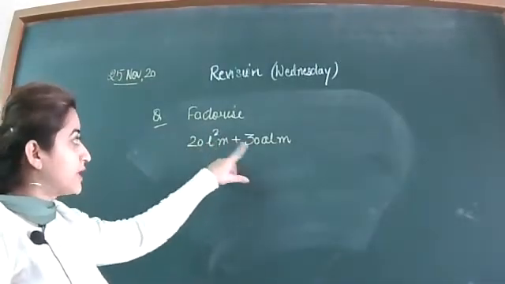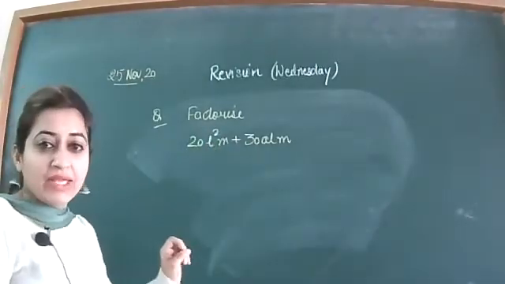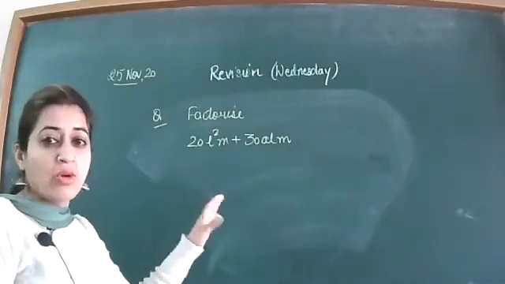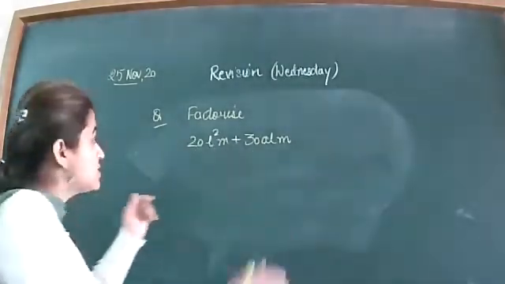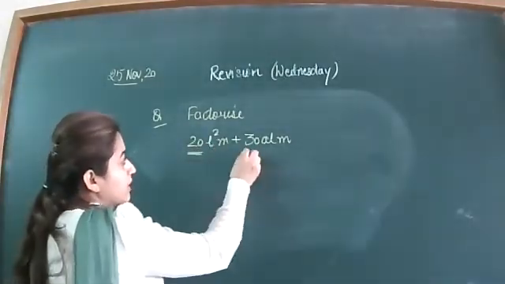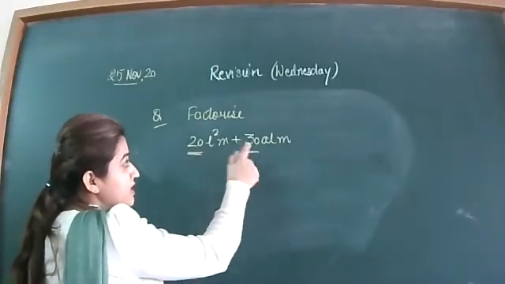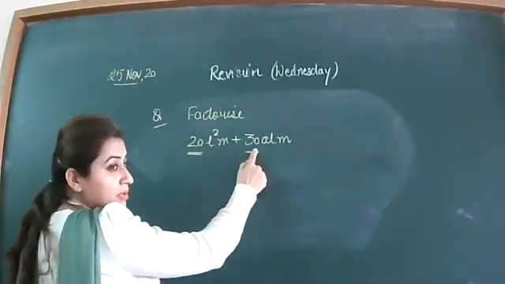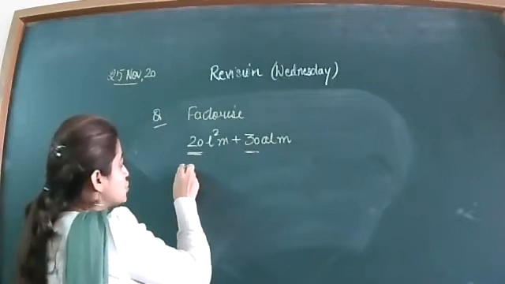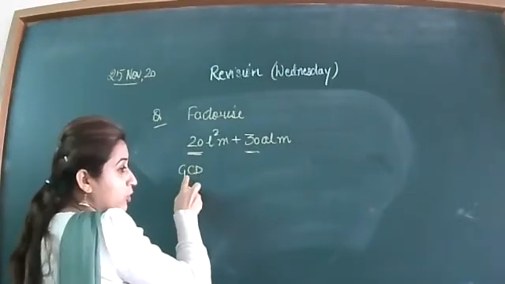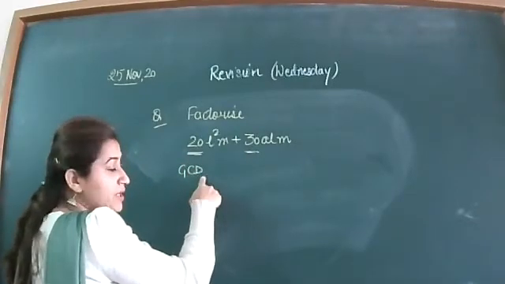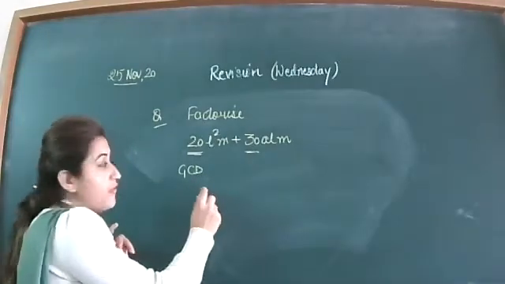Now, you have to factorize this expression. For making the factors, you have to take the greatest common divisor common from these terms. Firstly, let's talk about the numbers. As you can see, 20 and 30 are here. Both the numbers are divisible by 10. If you want to write this step, otherwise we can skip it and directly write the factors.